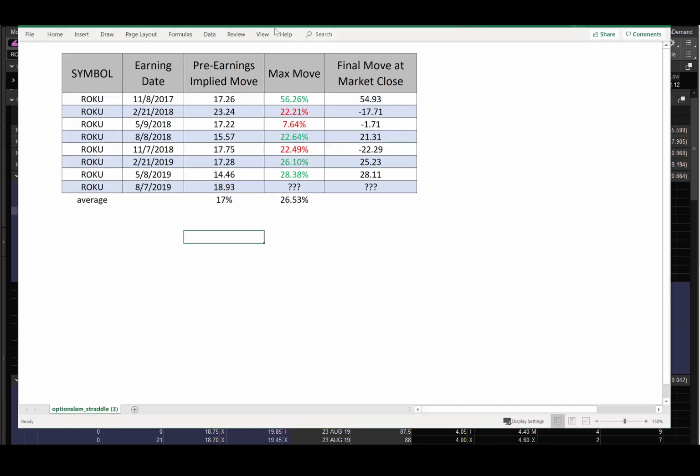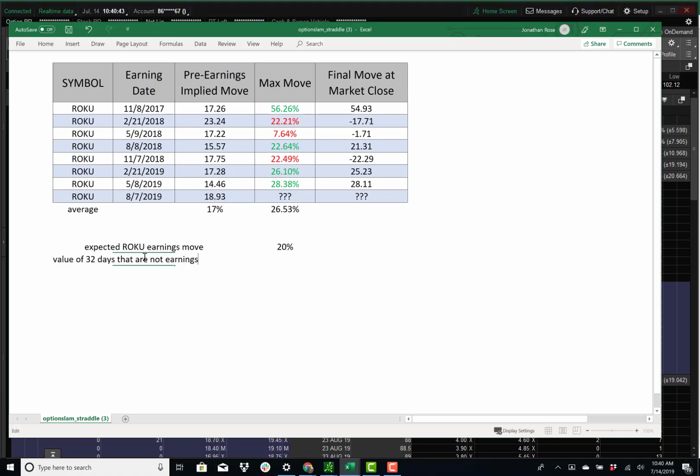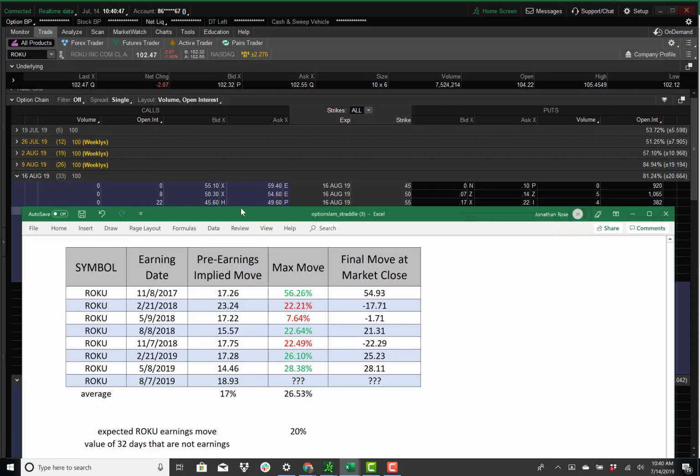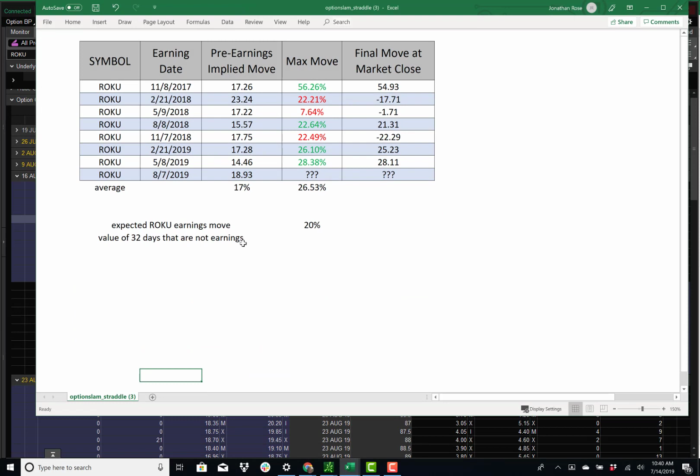If the earnings are 20% expected movement, on average it's 17%, but we know it moves more, so the market is going to price in more expected movement. If we think this should be 20%, and then if we look at the 32 days that are not earnings, 33 days, so there's 32 that are not earnings, 1 day is earnings.